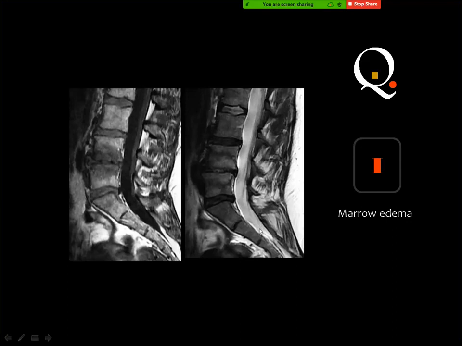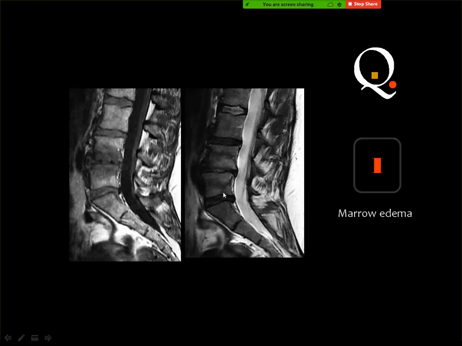You should carefully discriminate between this type 1 degenerative bone marrow edema and disc space infection or discitis. For discitis, you should see very bright signal in the disc space, as well as some erosive changes in the opposing vertebral end plates.